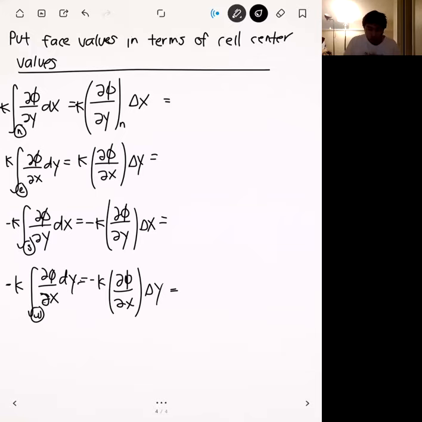Okay. And so basically what we're going to do here is that because we have these derivatives, all we're going to do is use a finite difference approximation for each of the derivatives. All right, so let me go ahead and draw a small version of what we have.